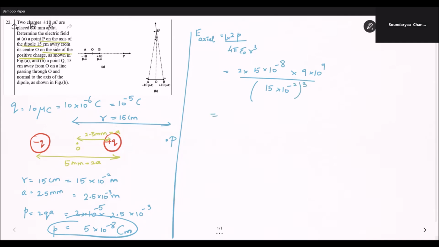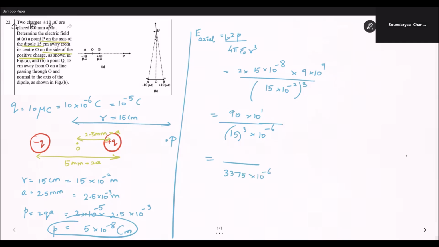Now the answer will be 2 fives are 10, 10 nines are 90 into 10 power 1, divided by 15 cube. What is 15 cube? 10 power minus 2 the whole cube is 10 power minus 6. The answer for 15 cube is 3375 into 10 power minus 6.